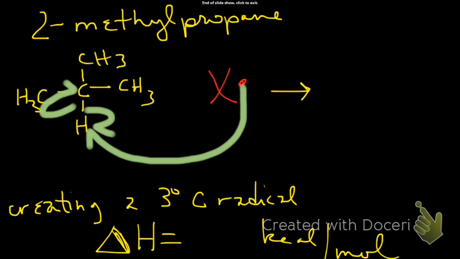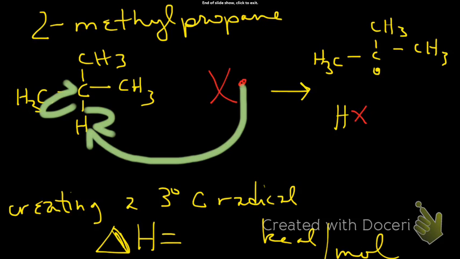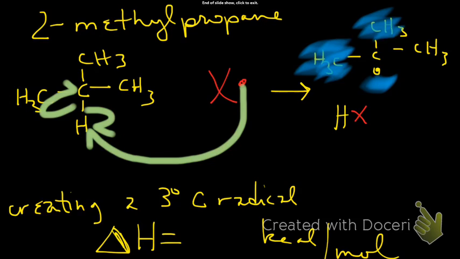We're left with the radical, which now is a tertiary carbon radical, and the hydrogen halide, for example, hydrochloric acid. To review, this is called a tertiary carbon radical because the carbon that has the radical is touching one carbon, two carbons, 3 carbons.